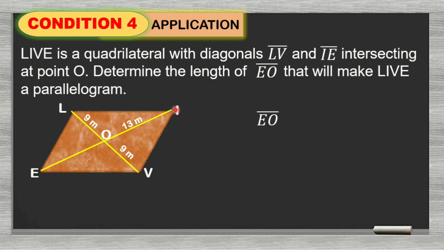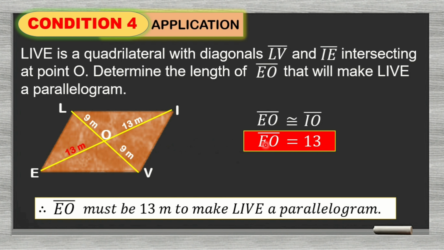Okay, so yung IO. And then, substitution. Kopyahin lang natin, EO is equal to yung measure ng IO dito, IO ay 13. So, equals 13. Okay, so therefore, 13 din yung measure ni EO. So, therefore, EO must be 13 meters to make LIVE a parallelogram.